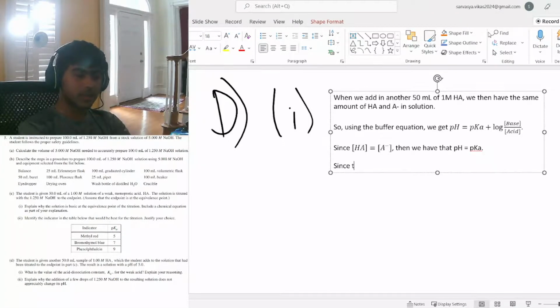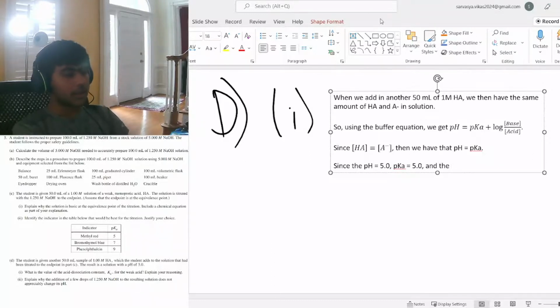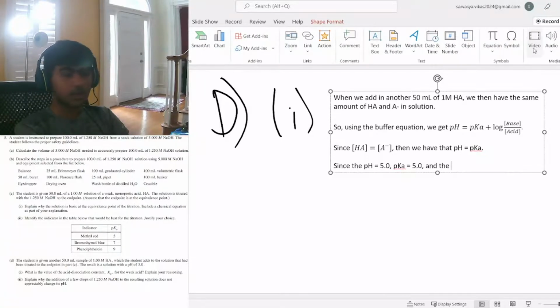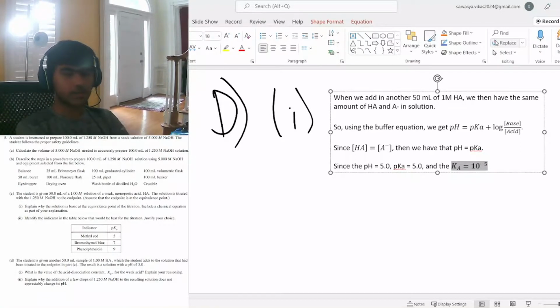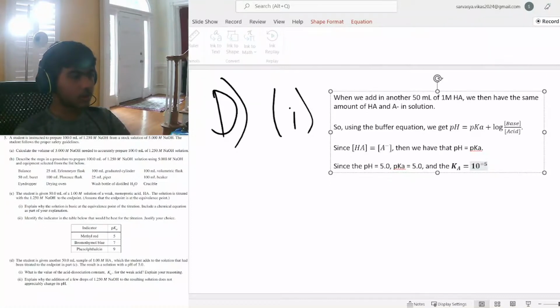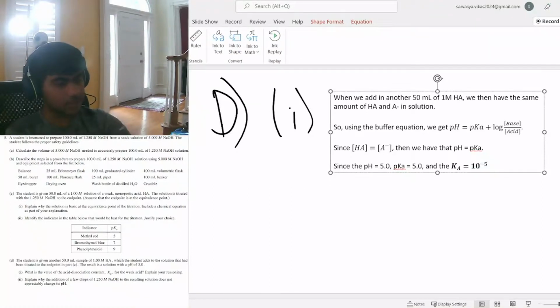So since the pH is 5.0, the pKa equals 5.0, and then the acid dissociation constant, or Ka, is going to equal 10 to the negative fifth. And that right there is our answer. Ka equals 10 to the negative fifth. Let's move on to the next part, part 2 of part D.